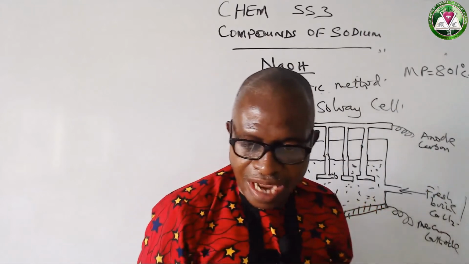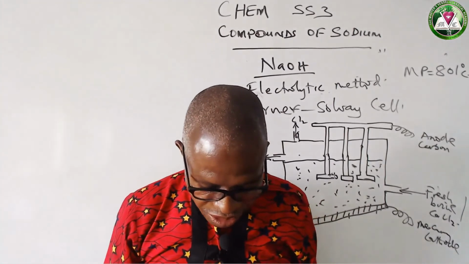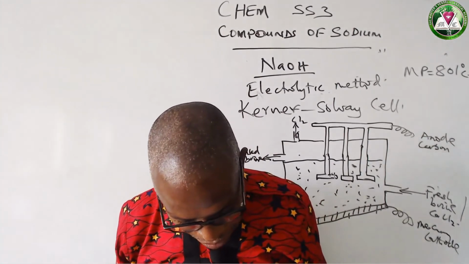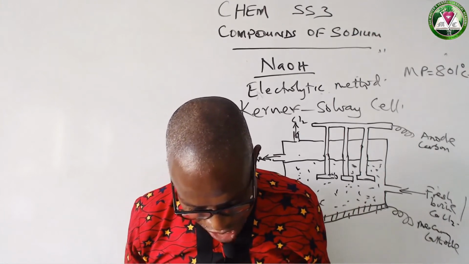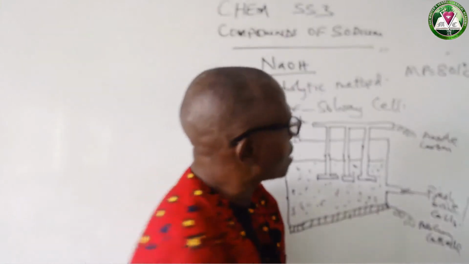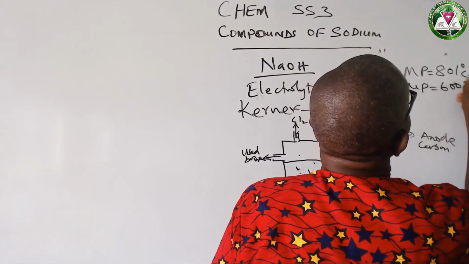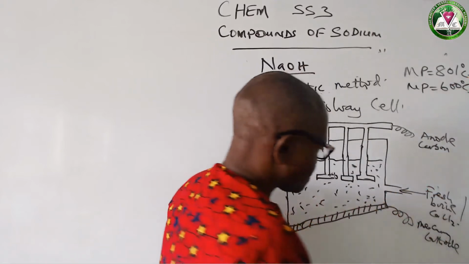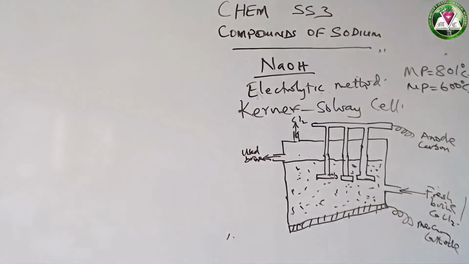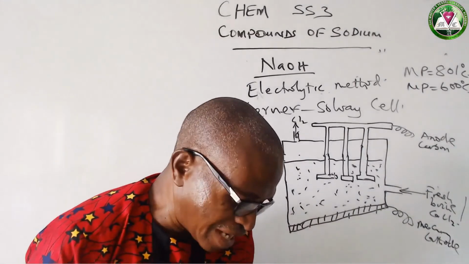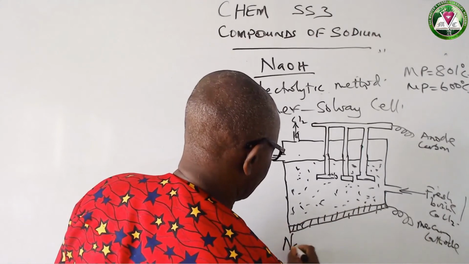The essence of the calcium chloride is to reduce the melting point, which will now come down to about 600 degrees centigrade. Therefore, when you now heat this up to the melting point, you discover that the ions from sodium chloride are Na+ and Cl-.